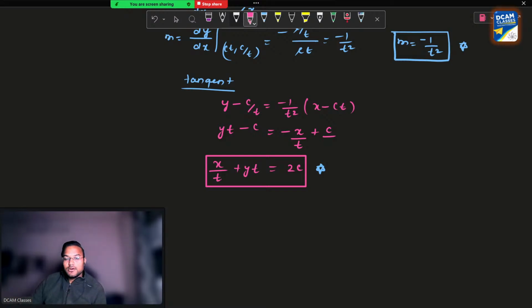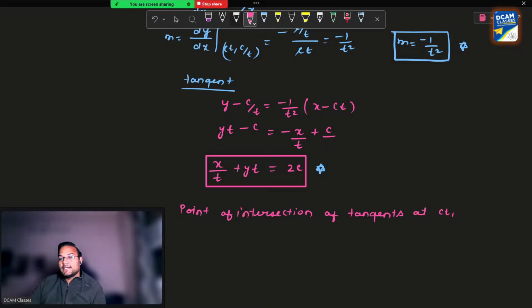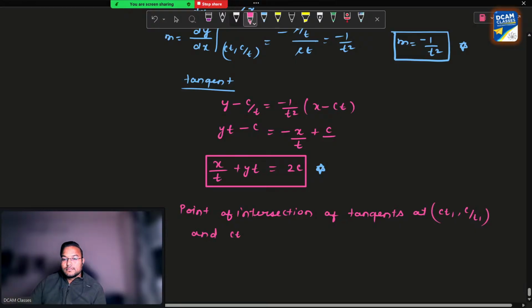Acha, give me now the point of intersection of tangents at (ct1, c by t1) and (ct2, c by t2).